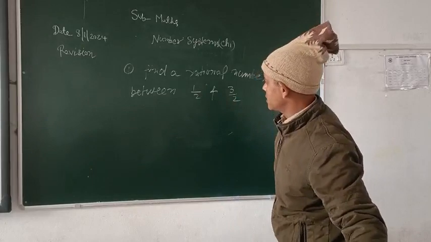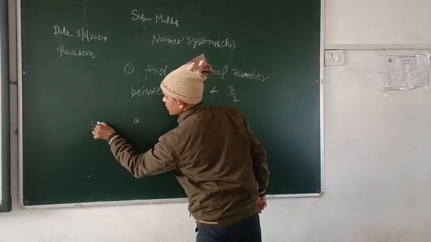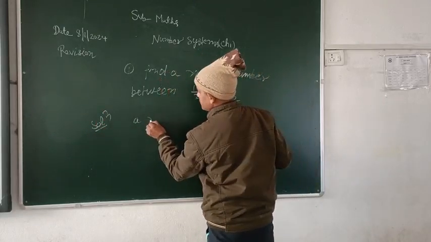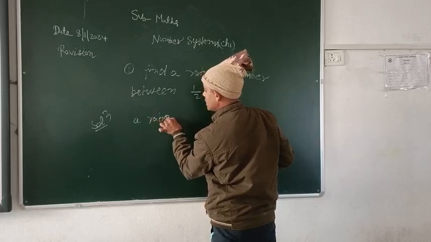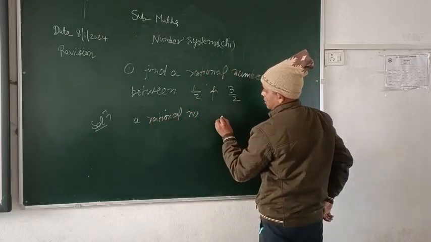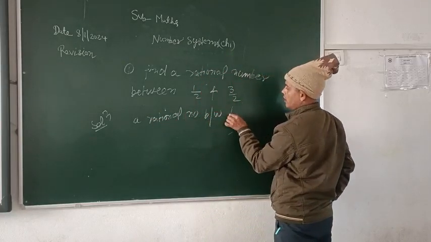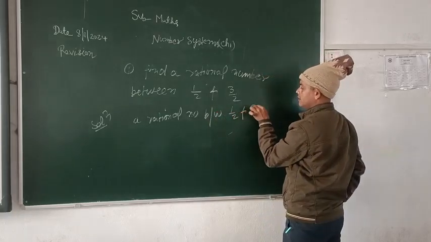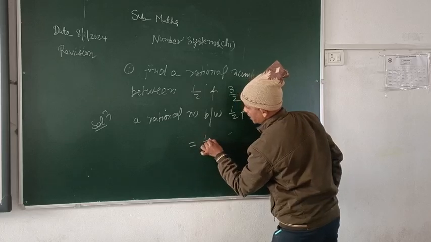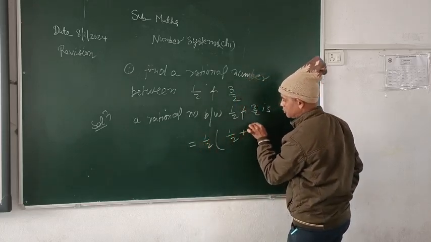Okay, so what is the rule of rational number? What is the solution? A rational number between 1 by 2 and 3 by 2 is, in bracket we can write 1 by 2 into (1 by 2 plus 3 by 2).